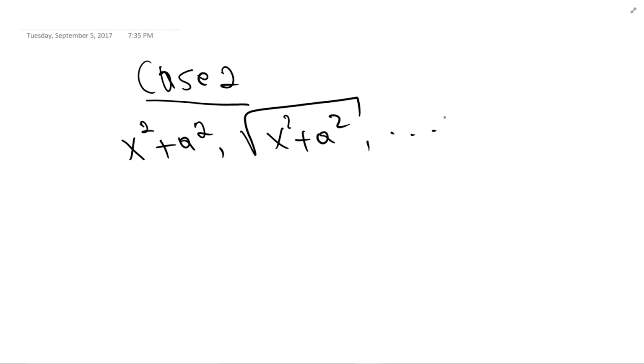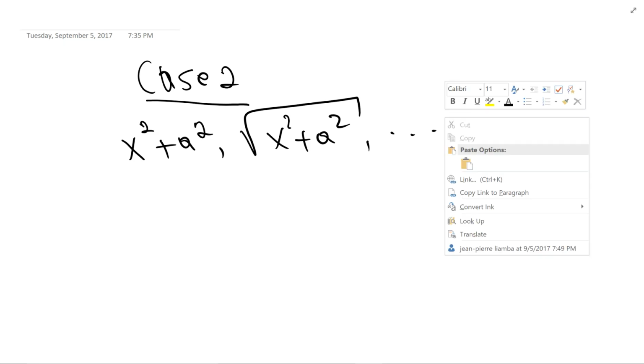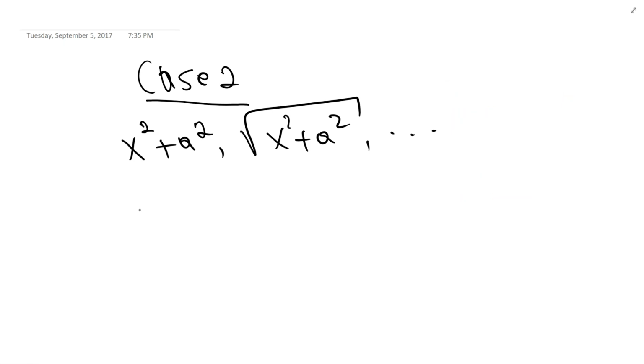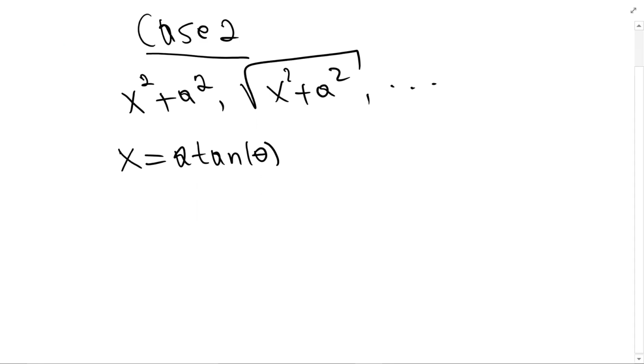So the trig substitution is going to be x equals a times tangent theta. When we get x to be a times tangent theta, we will then find dx, which will be a times secant squared theta d theta.